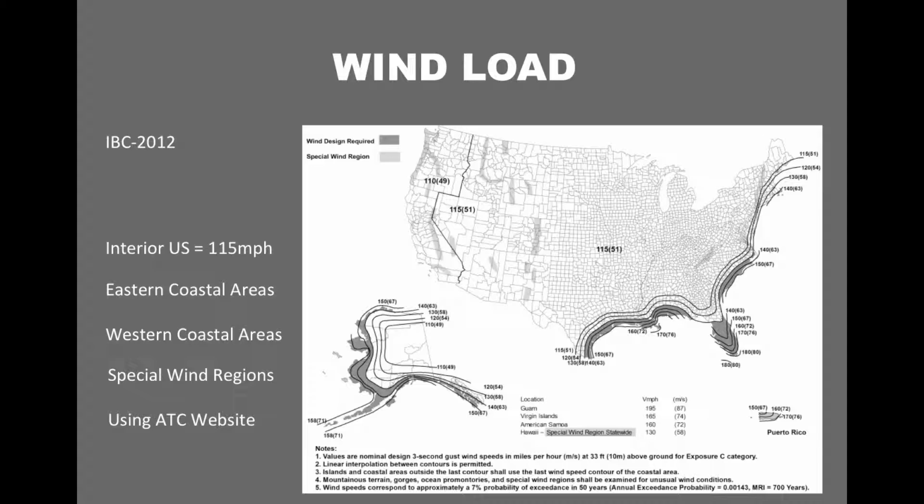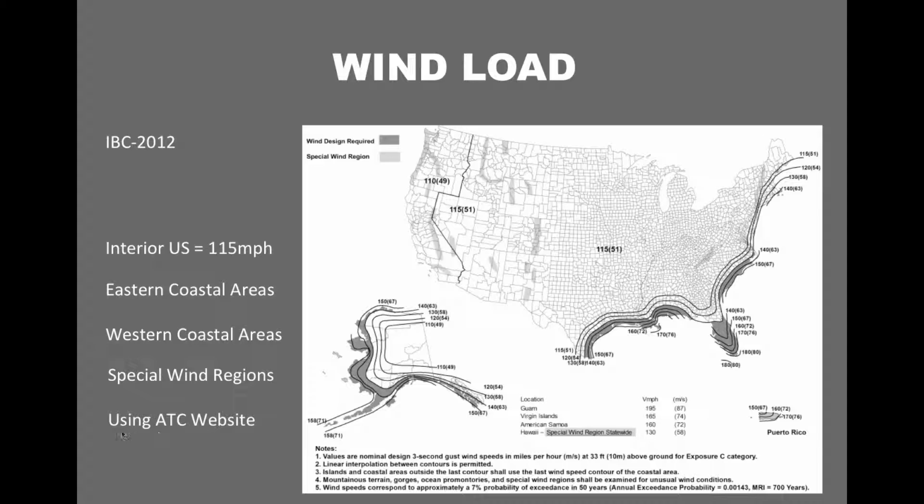You also have some special regions, generally by the mountains, where wind speeds are higher. If you're in a mountainous area, it's again a good idea to check with your building department and have them look up your specific site to get your specific wind load. But for our purposes, unless you're in a coastal area, the vast majority of you are going to be using a 115 mile an hour wind speed.